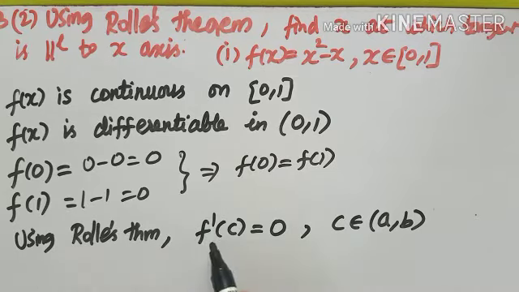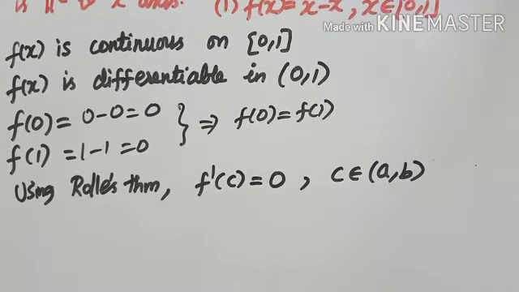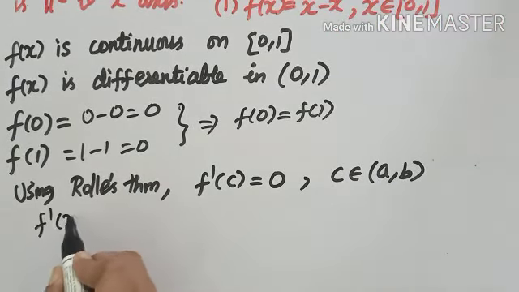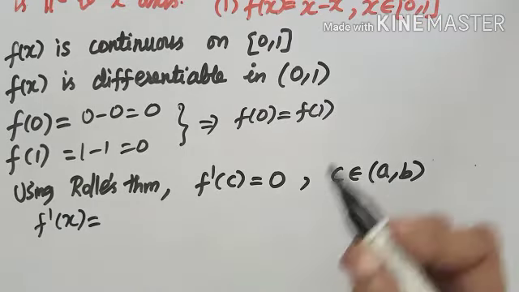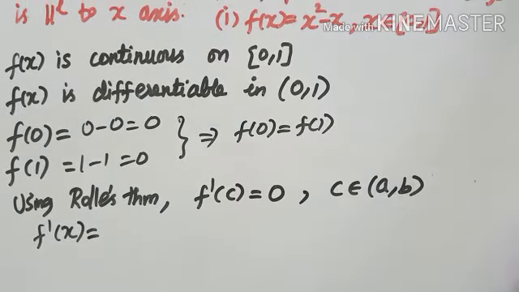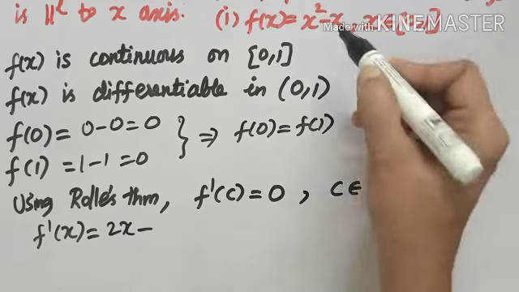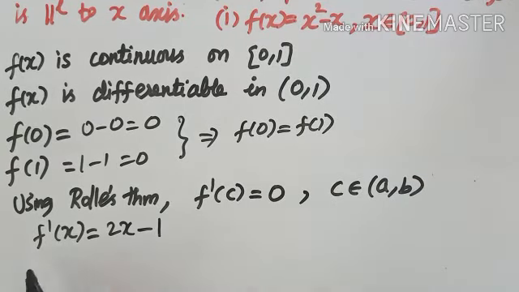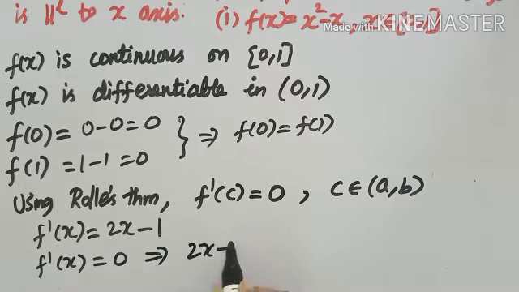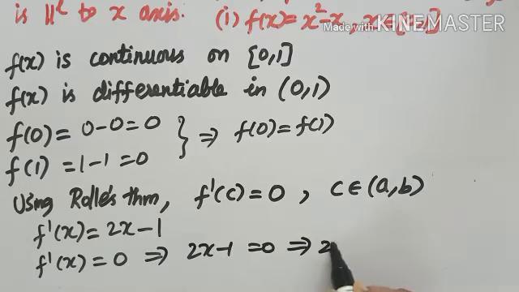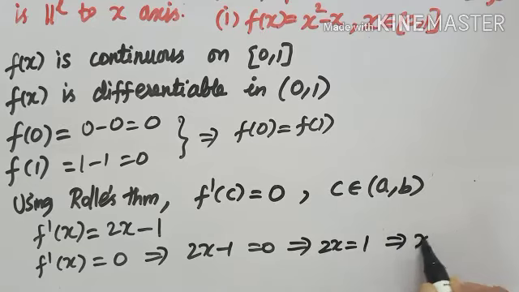Using Rolle's theorem, find the derivative. What is the derivative? F dash of x is equal to x square becomes 2x and x becomes 1. Putting f dash of x equal to 0, 2x minus 1 equals 0, or 2x equal to 1, or x is equal to 1 by 2. Check whether 1 by 2 belongs to 0, 1. Yes.